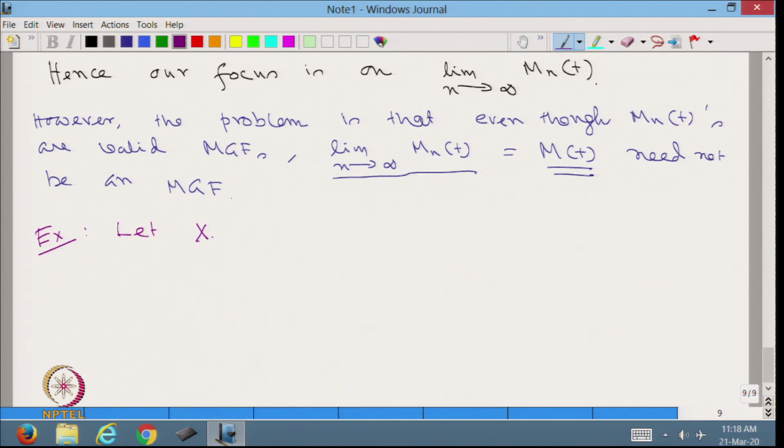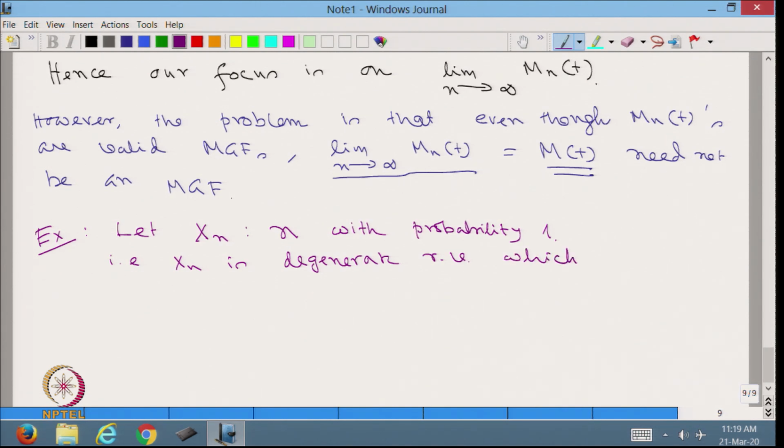Example: let Xn be distributed as follows. It takes the value n with probability one. That is, Xn is a degenerate random variable which takes the value n.